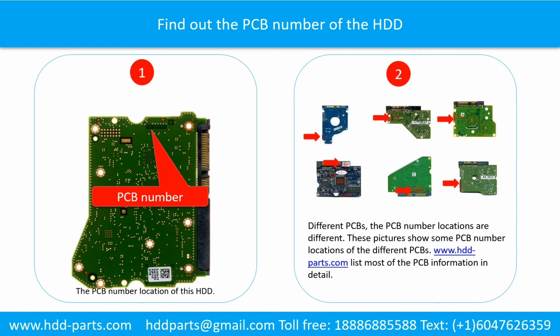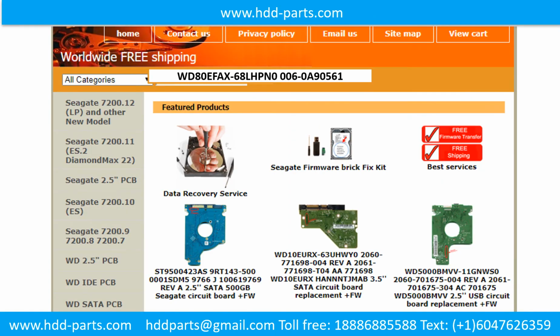If you want to find out your own PCB number, you may go to www.hdd-parts.com, which lists most of the PCB information in detail. After finding out the hard drive model number and the PCB board number, we use them as a reference to search for the correct donor board.